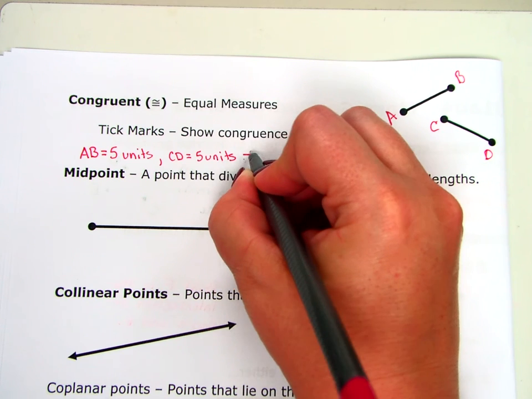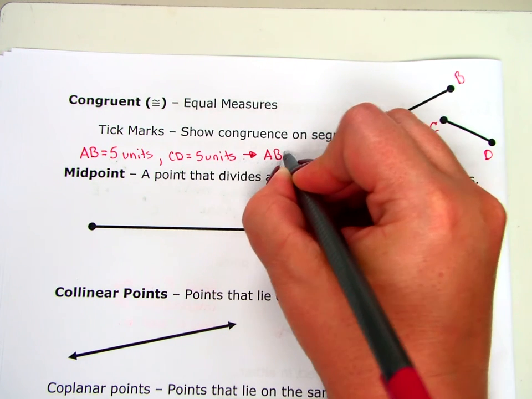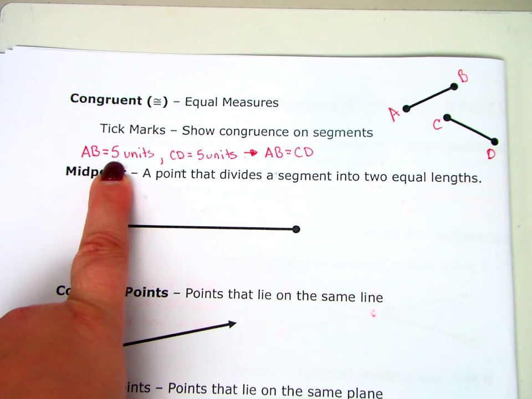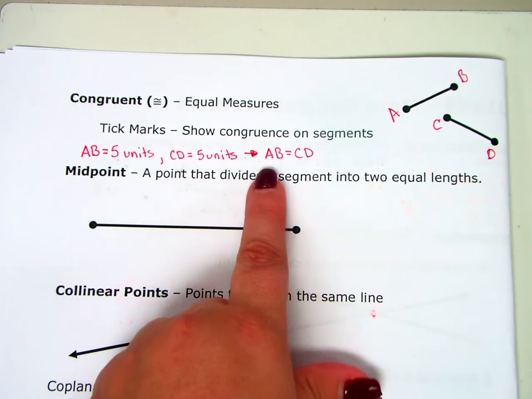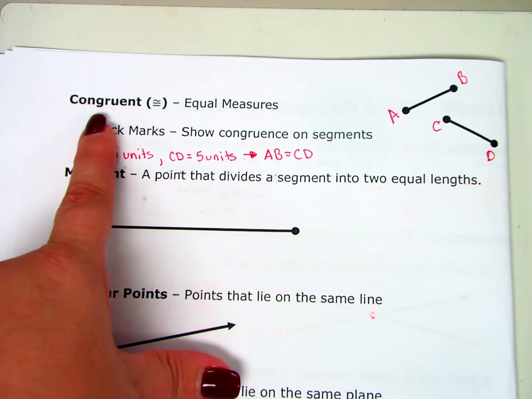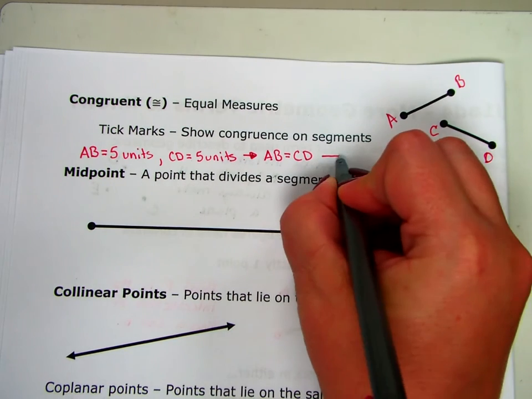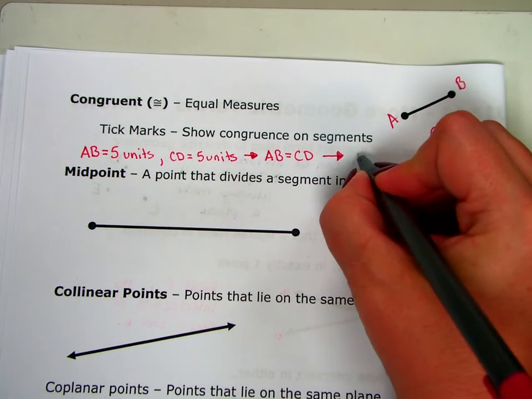So therefore, that tells me that AB equals CD. So the measurement of AB is equal to the measurement of CD. That's what this is saying without the bars. Congruent is when you're naming the segments if the 2 distances are equal.